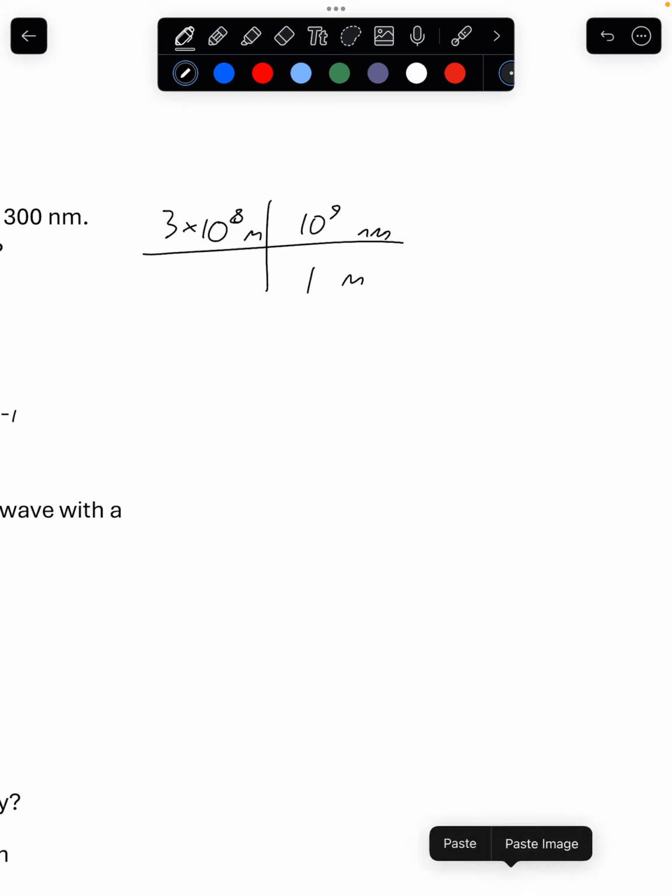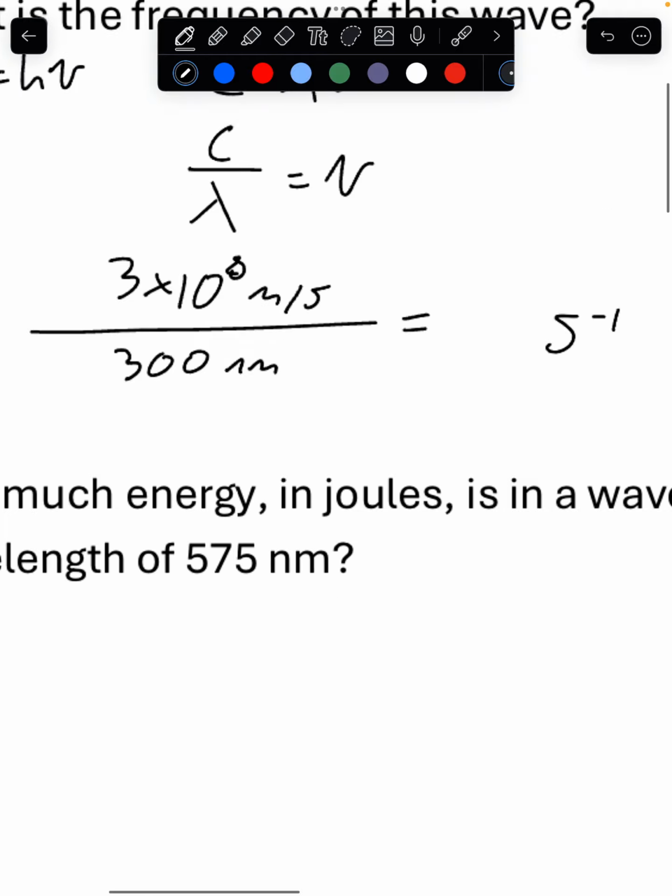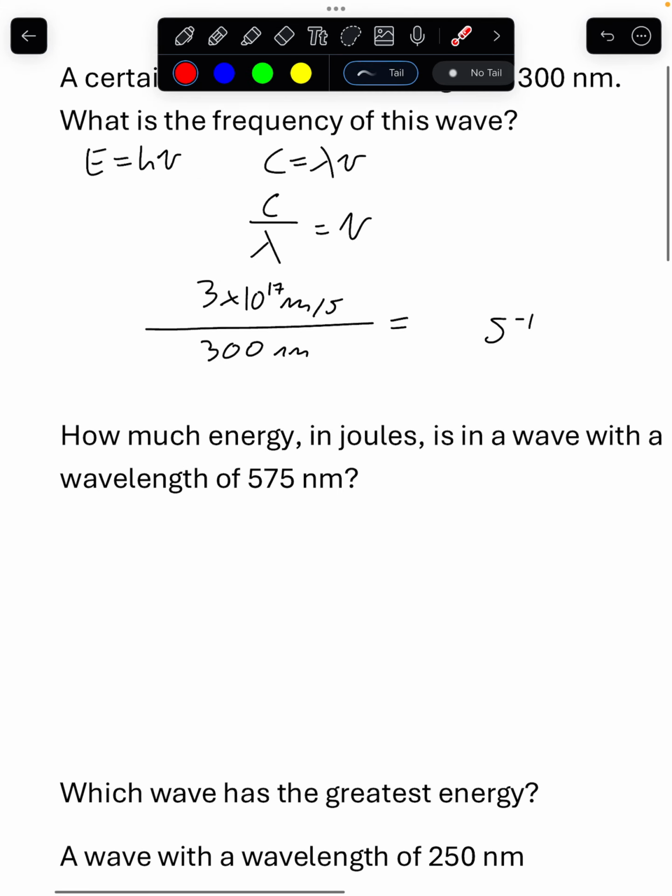So 8 plus 9 equals 17. So I'm going to say 3 times 10 to the 17 nanometers. And that's how far it travels every second. So I can come back over here and say 3 times 10 to the 17 nanometers per second. And that makes sense because now nanometers cancel out. I'm left with per second, and that's the unit I'm looking for in frequency.